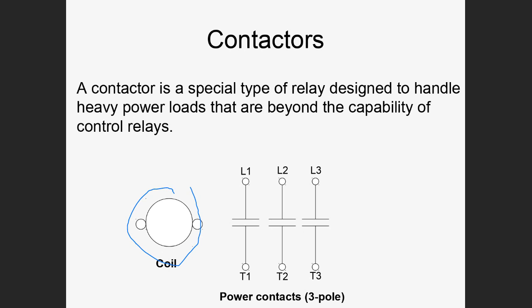But you can take the coil of a contactor and hook that directly to the PLC, and then let these contacts, these T1, T2, T3 poles, switch the motor. And so relays, contactors, and in a second I'll show you a motor starter, are all devices to interface heavy-duty motors or devices to a PLC.